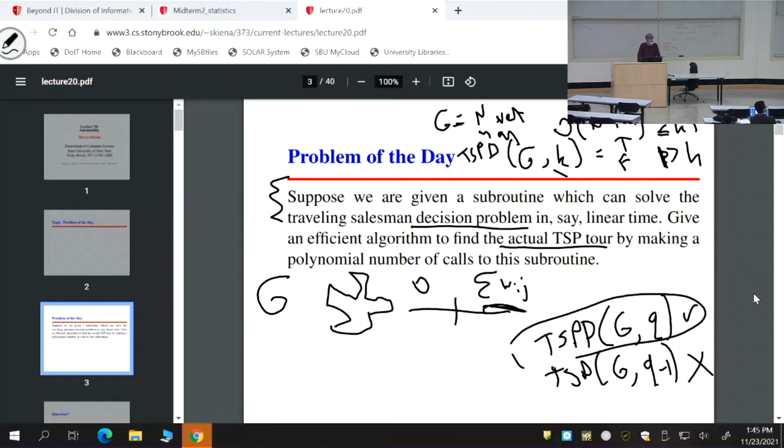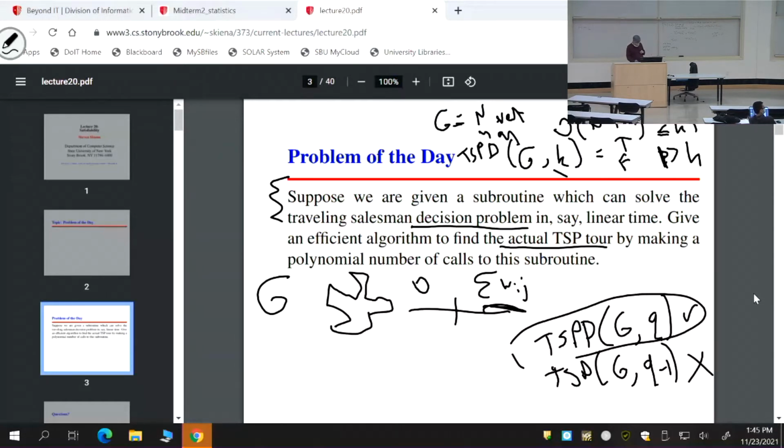You're saying I could look at all the edges and see if they add up to 96, and this sounds hard. Can I use my magic subroutine to do something? What if I remove edges from the graph?